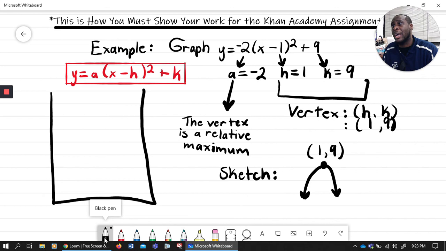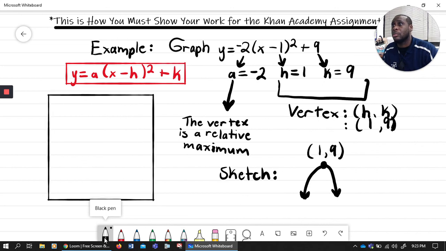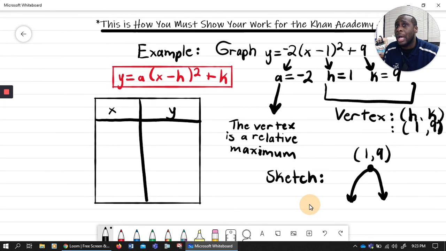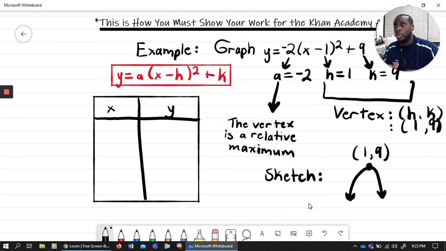I'm going to need you to put a table of values up here, where you're showing, and for that table of values, I'm going to need you to write out the vertex in the middle.